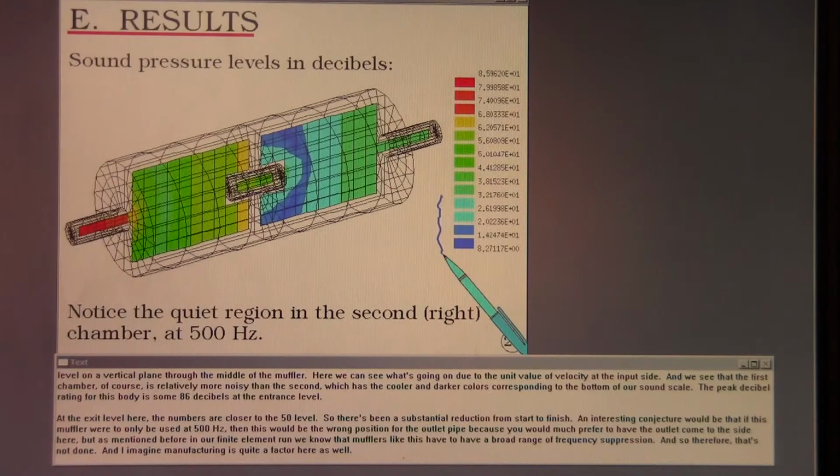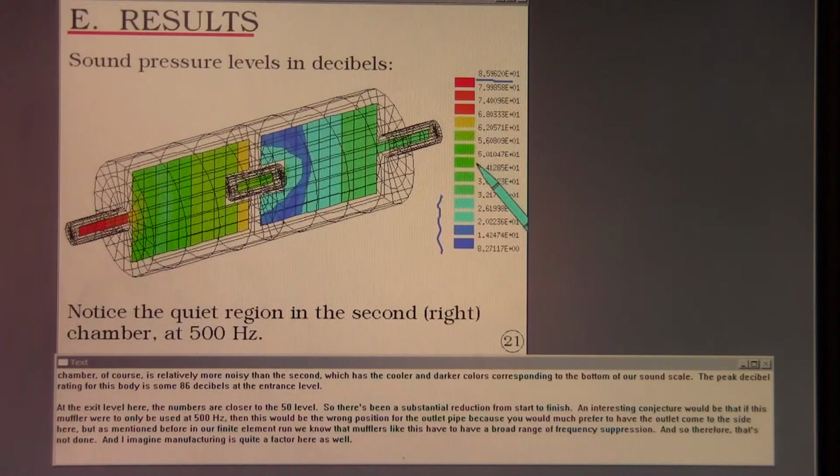The peak decibel rating for this body is some 86 decibels at the entrance level. At the exit level here, the numbers are closer to the 50 level. So there's been a substantial reduction from start to finish.